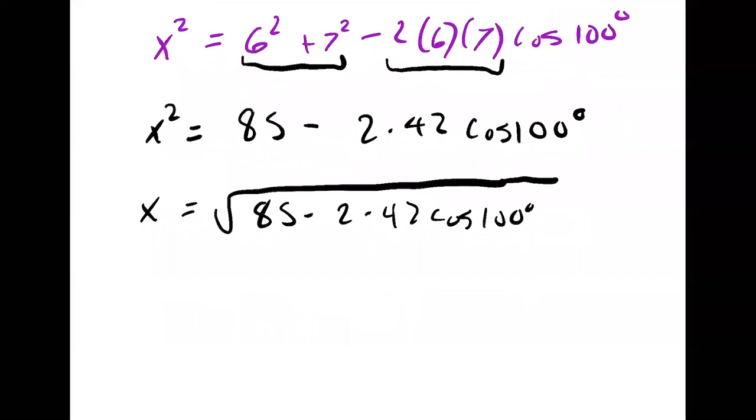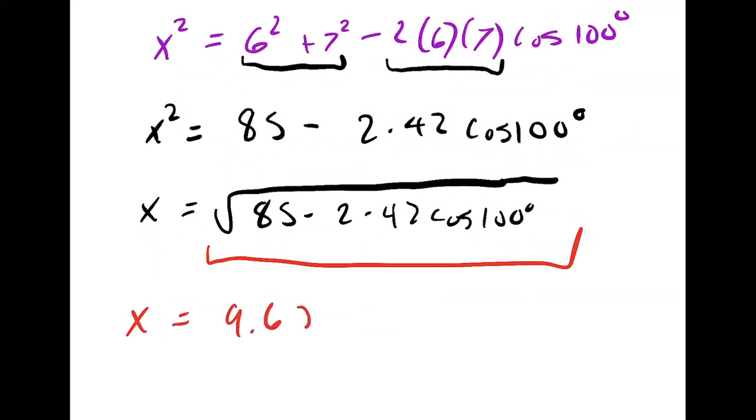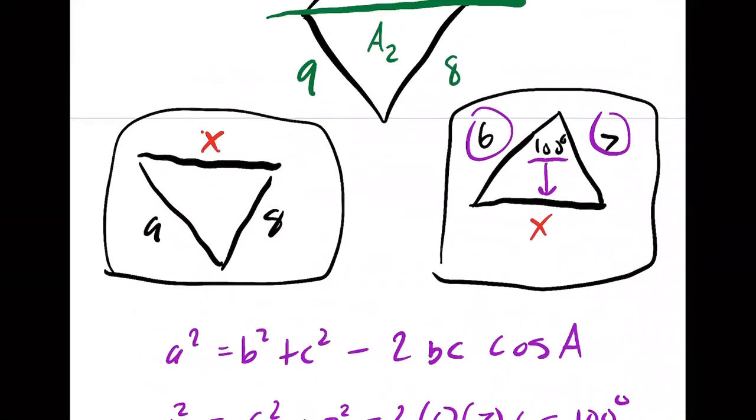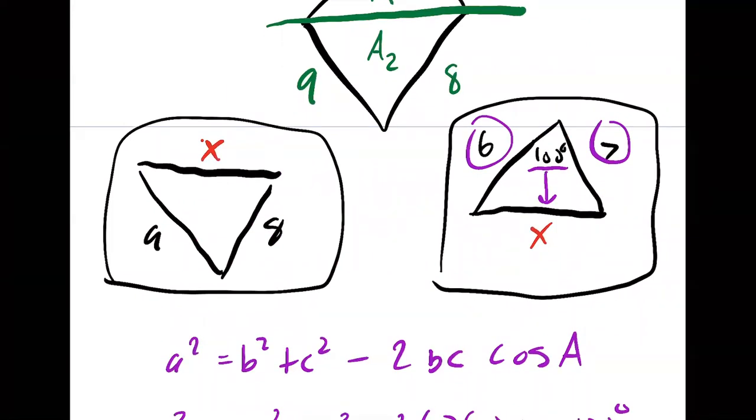I accidentally skipped this step in my computation, so I should just tell you the final answer. This is going to be 9.606. Okay, so let me scroll back up here. So we have x is about 9.6 or so.